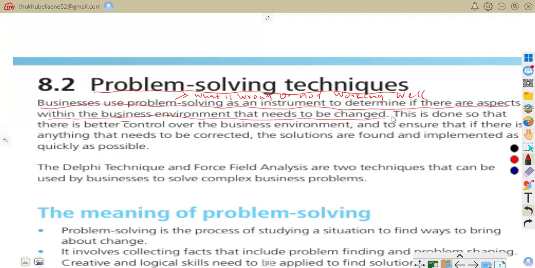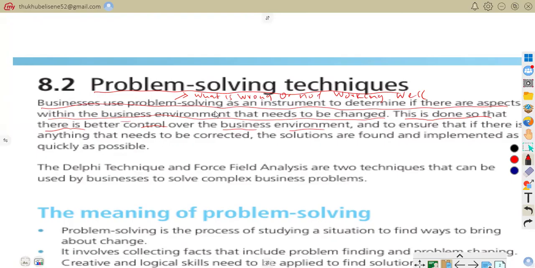It further says this is done so that there is better control over the business environment. So it helps business manage situations more efficiently, more effectively.